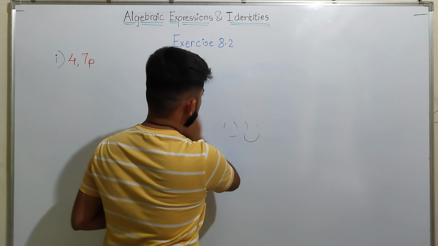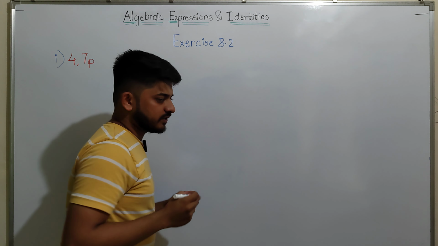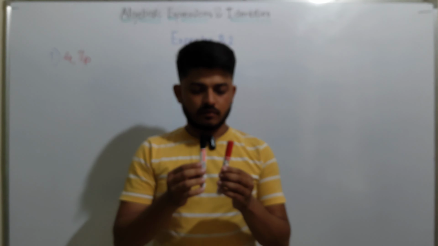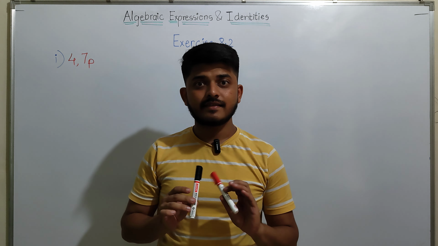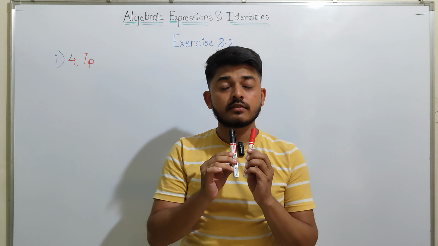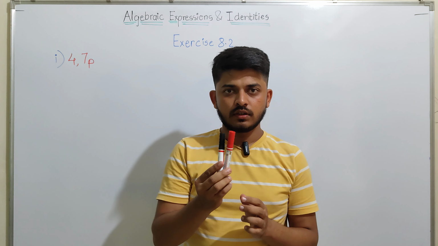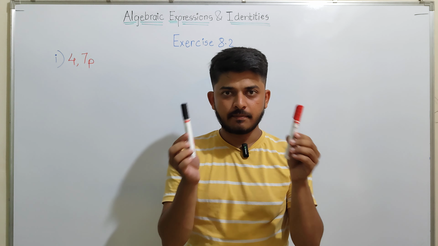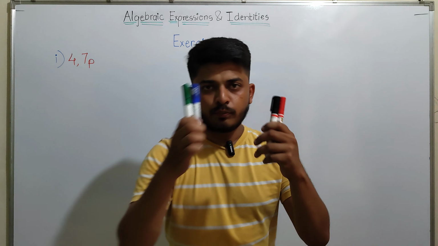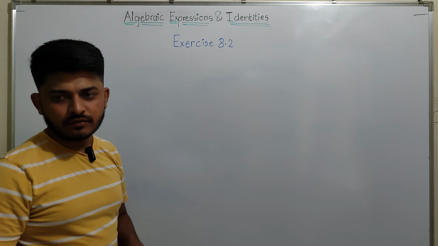So keep in mind that pair means two. This is a pair of pens, one pair of pens, two pairs of pens, right? So find the product of the following pairs of monomials.